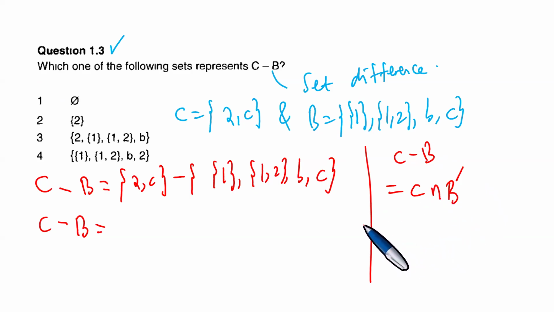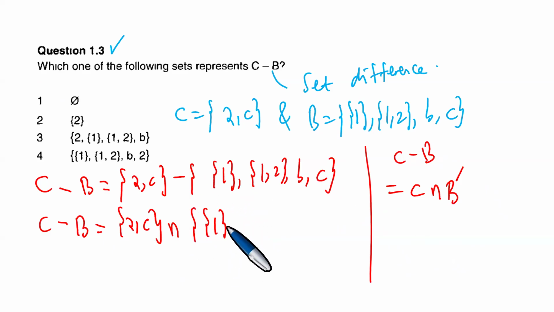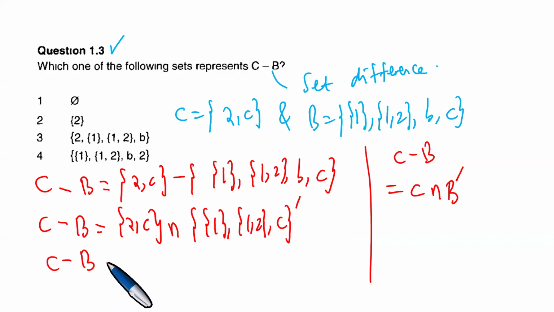Therefore, one can use this. So we can use C, 2 and C, intersection the complement of this set, which is the singleton 1, 2, C complement. What is C minus B?